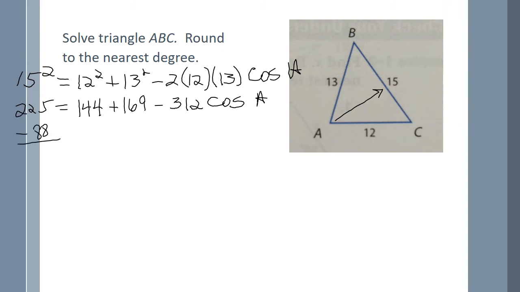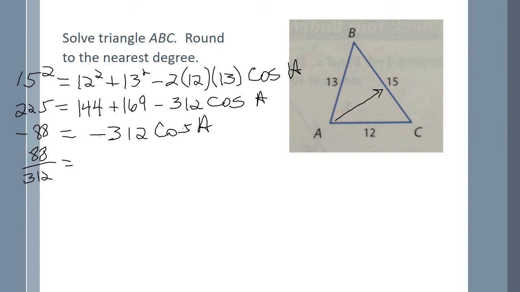So negative 88 equals negative 312 cosine of A. So we're going to divide each side by negative 312. I end up with 88 over 312, right?